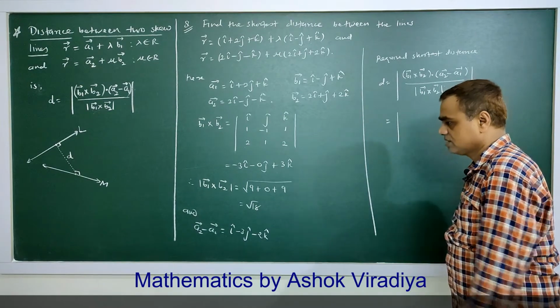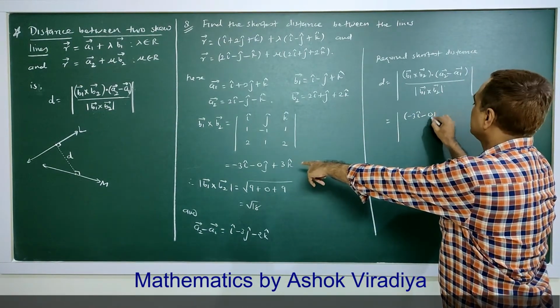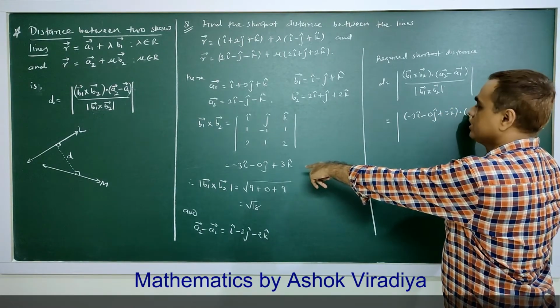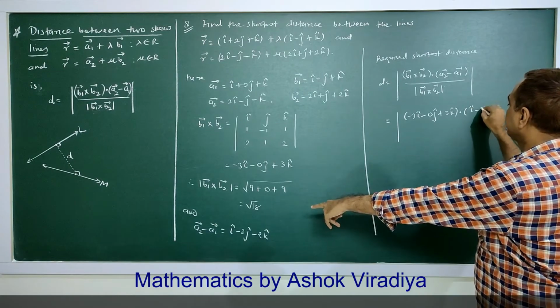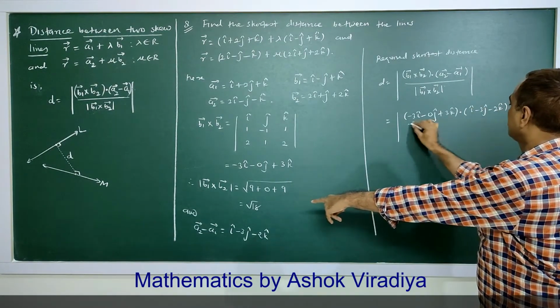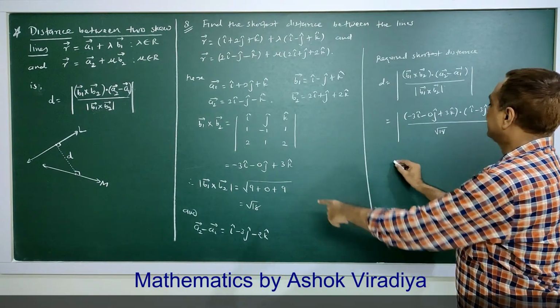So this vector is minus 3i minus 0j plus 3k dot a2 minus a1, which is i minus 3j minus 2k, upon magnitude of b1 cross b2, that is root 18.